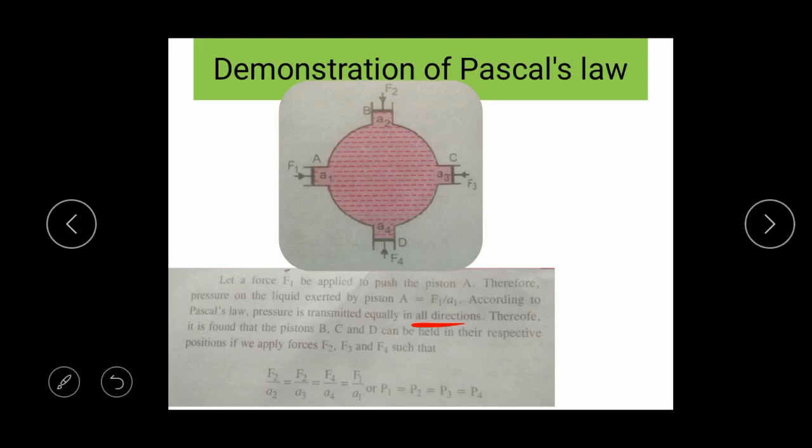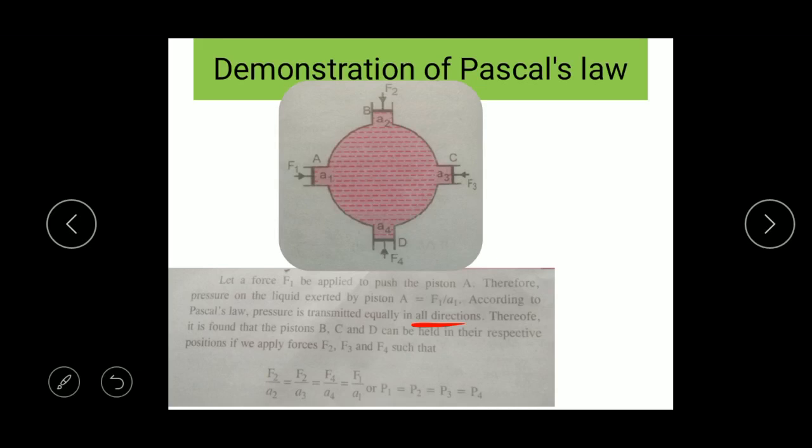It is found that the pistons B, C and D can be held in their respective positions if we apply forces F2, F3 and F4 such that F2 by A2 is equal to F3 by A3 is equal to F4 by A4 is equal to F1 by A1. That means all the pressures exerted by the pistons on the liquid are equal, P1 equals P2 equals P3 equals P4, and the pistons are held at their positions.